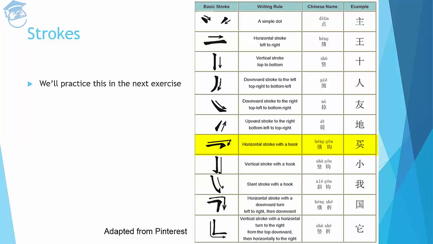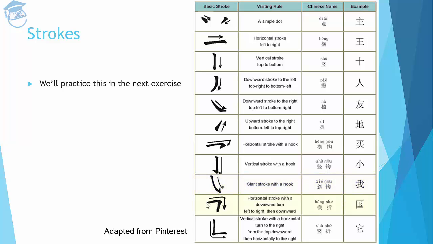So the example here is pretty obvious, a horizontal stroke with a hook. Then we have the counterpart, the vertical stroke with a little hook here, and also the slant stroke with a hook over here. It's always from top left to bottom right.